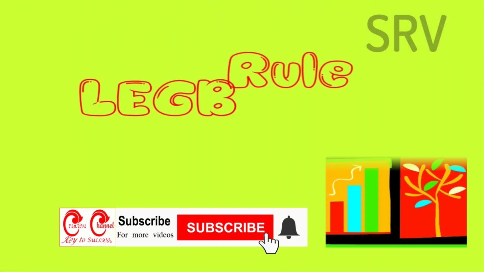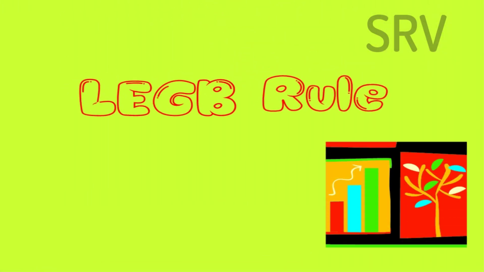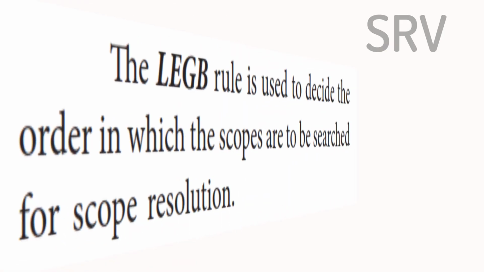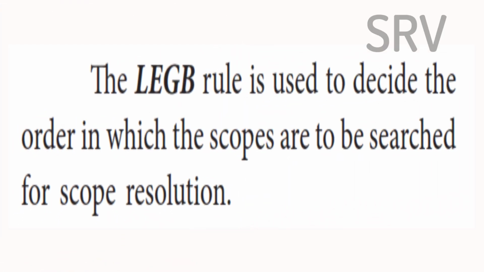Now let's go into the topic LEGB rule and see what it is. In our book it is given that the LEGB rule is used to decide the order in which the scopes are to be searched for scope resolution. What does the statement mean? This statement says that before a variable is linked or mapped with its value, it follows the LEGB rule.